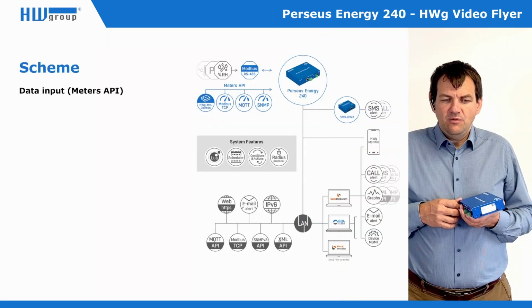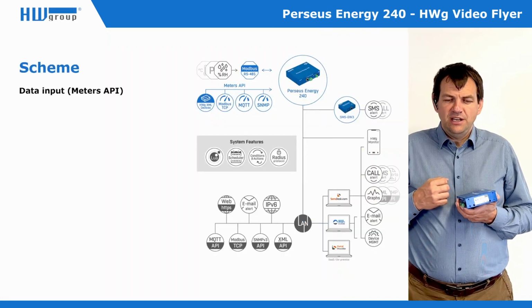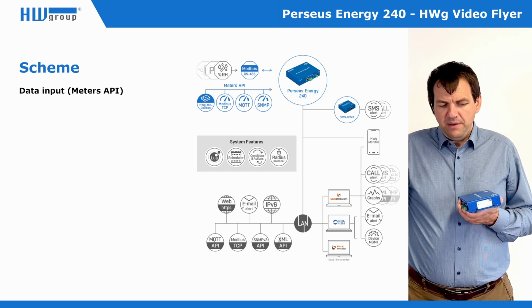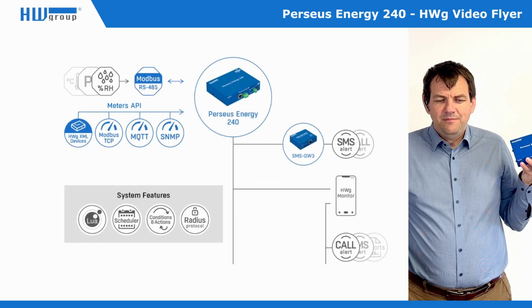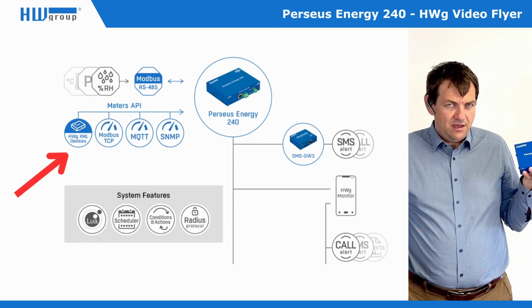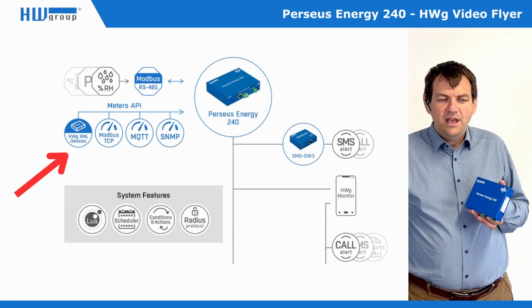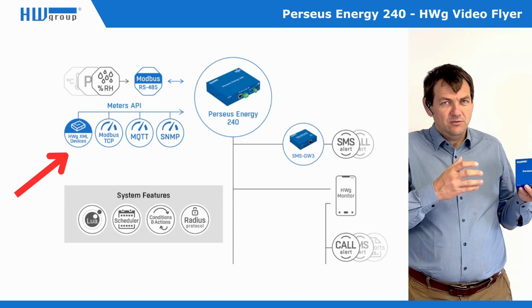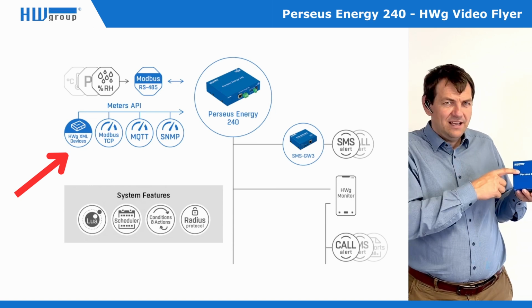Fine. What's the ecosystem, or why we need something like that? So first of all, I would like to get your attention to the fact that above the Open API in Perseus, we have the Meters API. The Meters API is something new. It's the fact that the data from the Modbus RTU sensors can be processed inside the device.